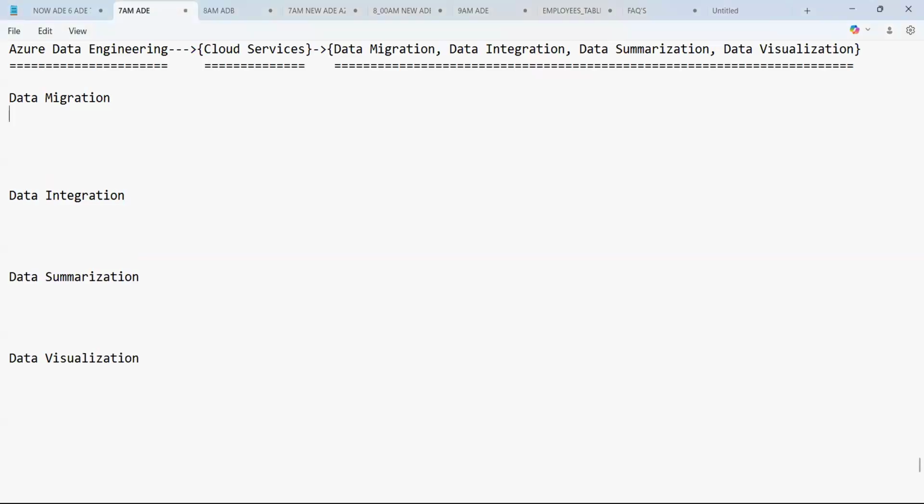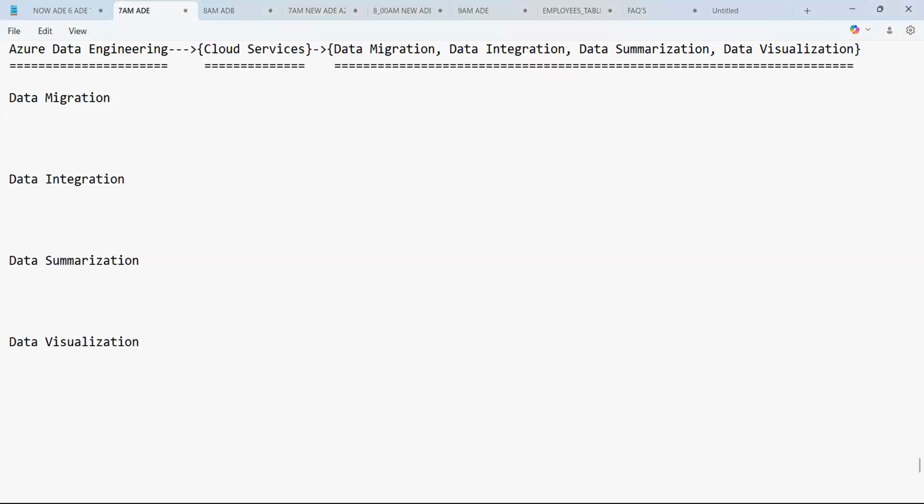The data migration. So guys, when we talk about the data migration, first of all, what is migration? What do you mean by migrate? Migrate is nothing but moving from one place to another place. In the same way, data migration means moving the data from one place to another place.